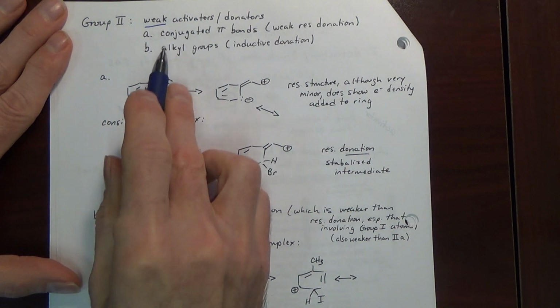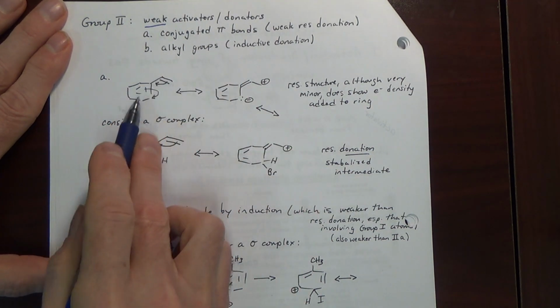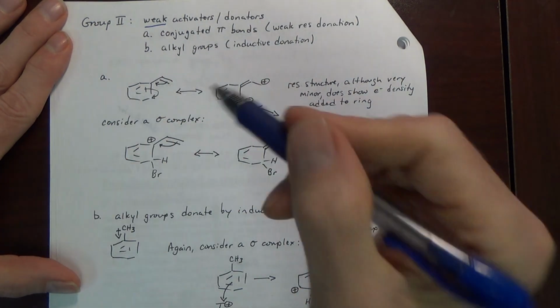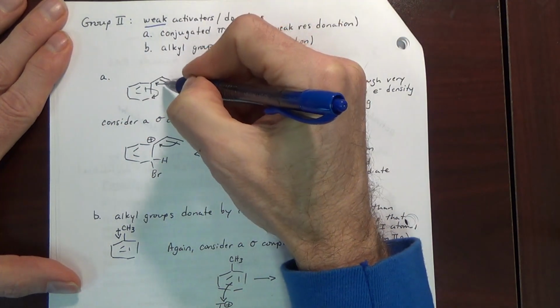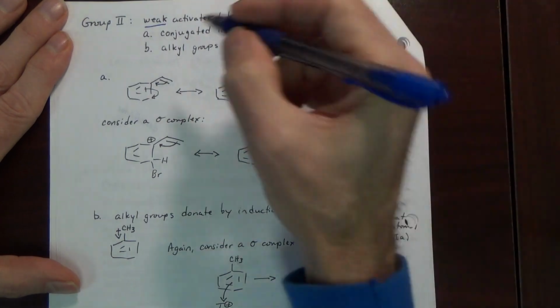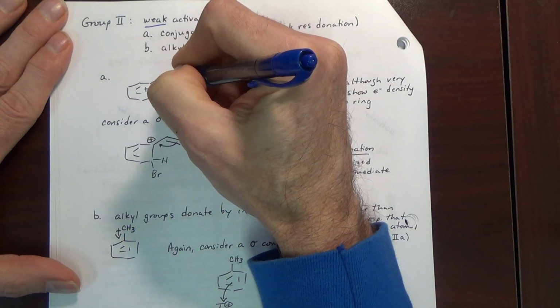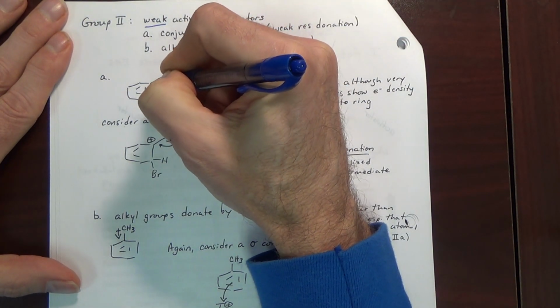This is an example of a conjugated pi bond, with this alkene conjugated with the benzene ring. We can also show resonance structures. Here we do not have a lone pair, but we can use the alkene like a windshield wiper. Electrons move over here, pi electrons move out.